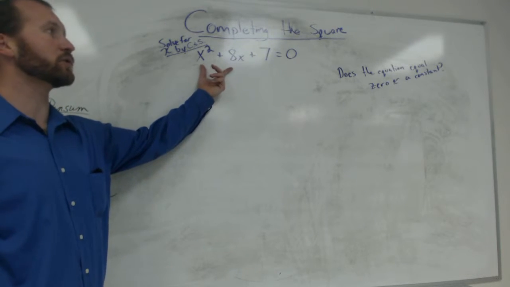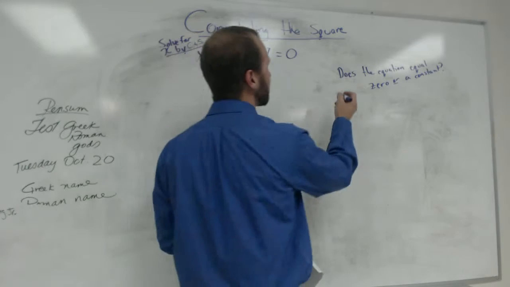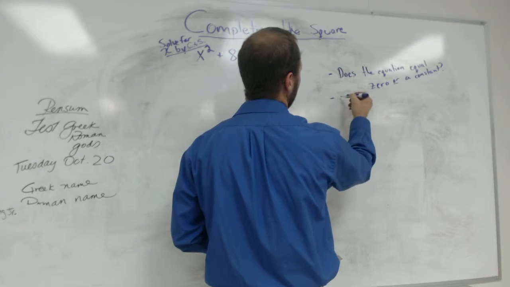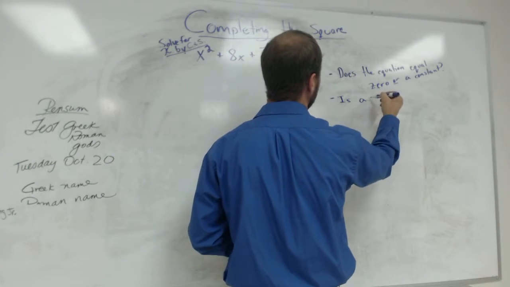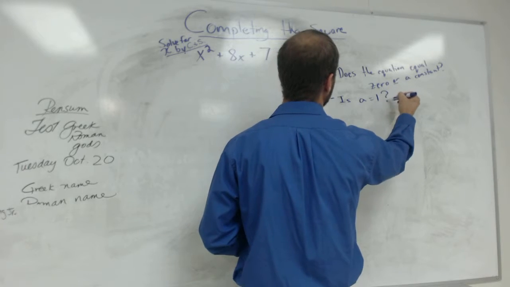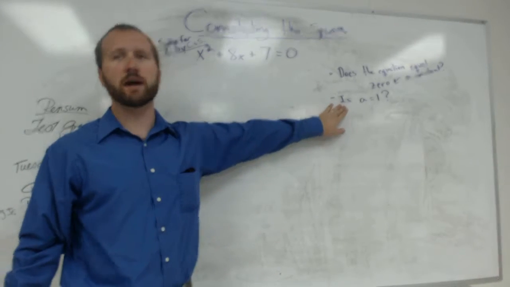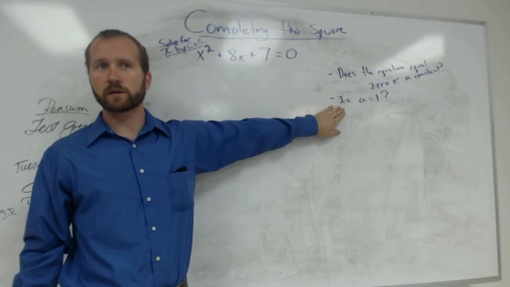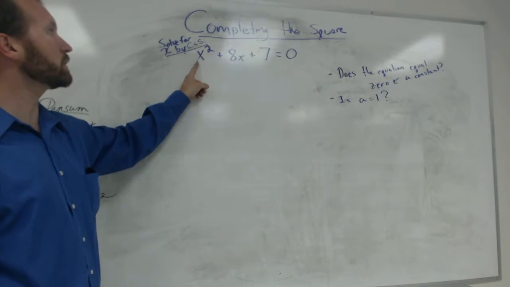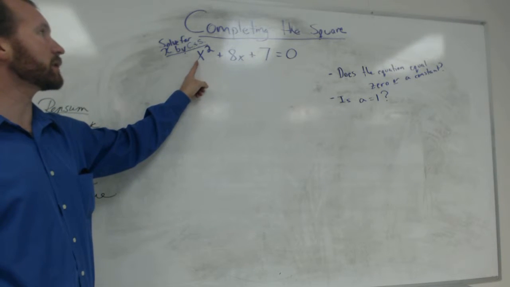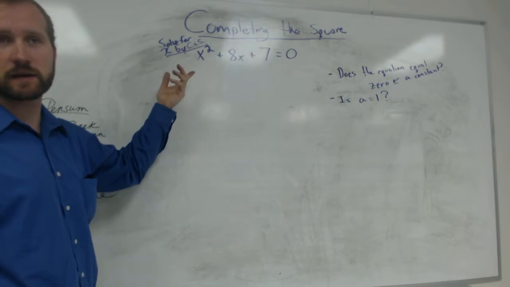Yes, that's already true here. The other question I have to ask myself is a equal to 1? And this is a step that we didn't talk about last week, but we'll talk about today. Is a equal to 1? Remember, a is the coefficient on x squared. In this case, it's equal to 1.